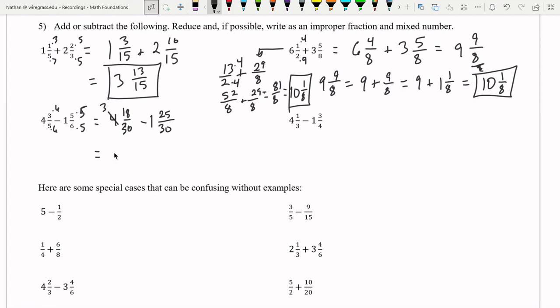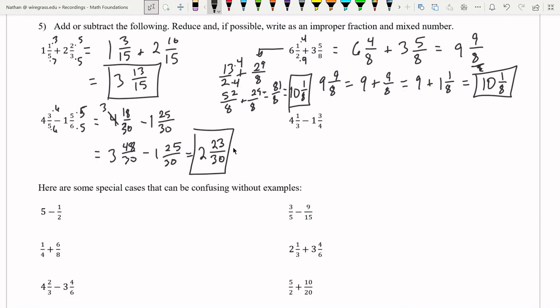So 30 plus 18 is 48 thirtieths minus 1 and 25 thirtieths. And now we can do the process. 3 minus 1 is 2. 48 minus 25 is 23. And that is my solution.